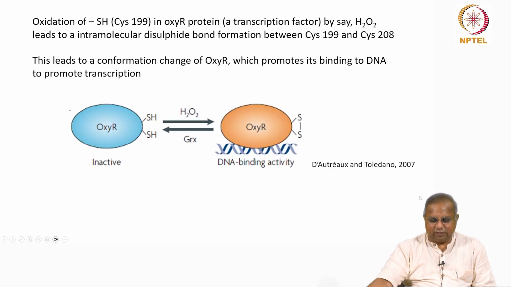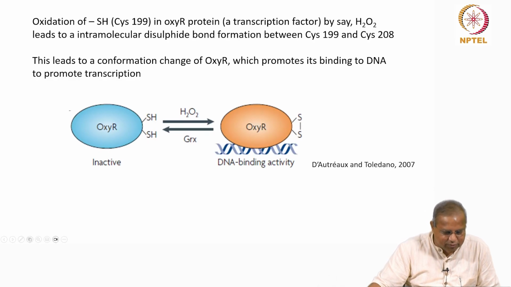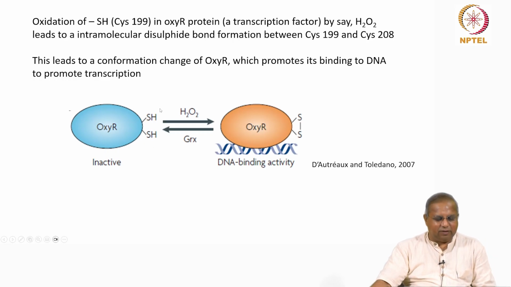And from the paper, OxyR is represented, the thiol groups are represented here. If it is in this form, then it is inactive. For example, hydrogen peroxide can convert that into a disulfide bond.